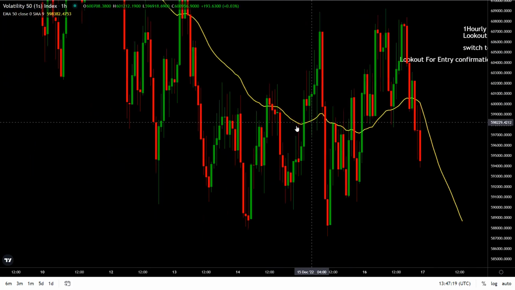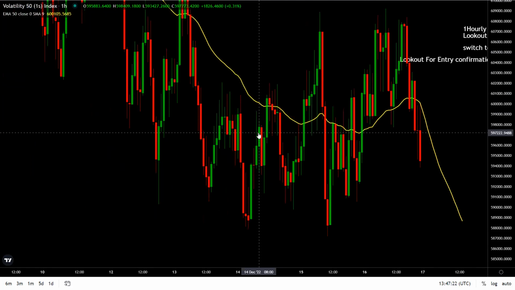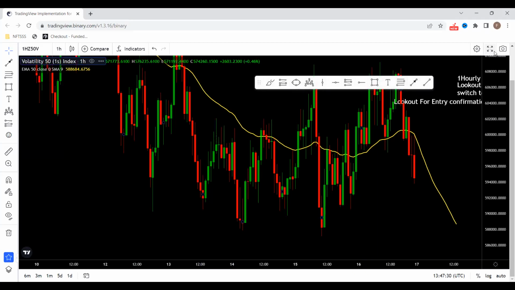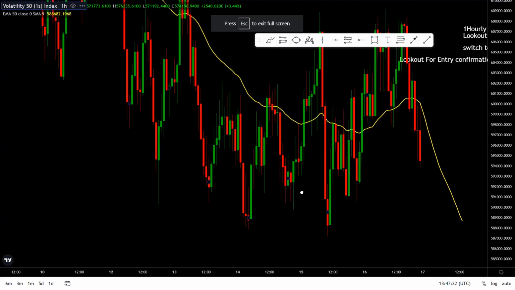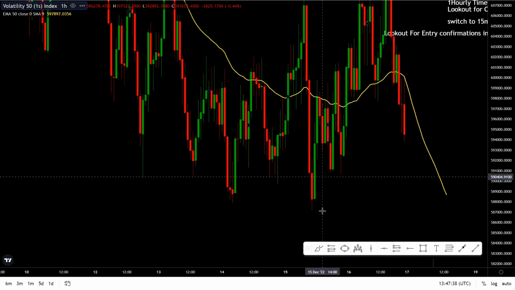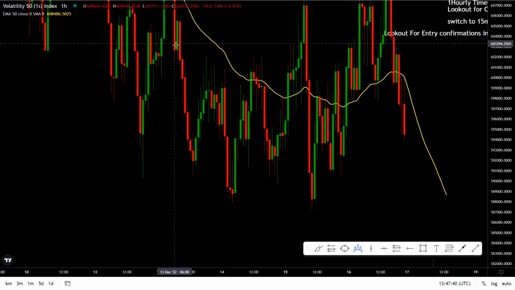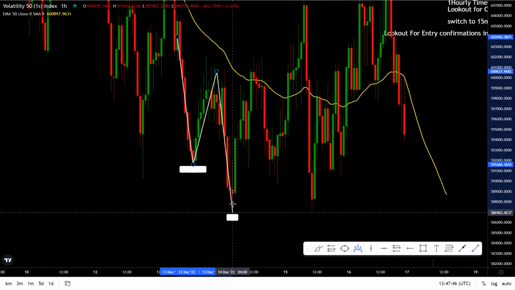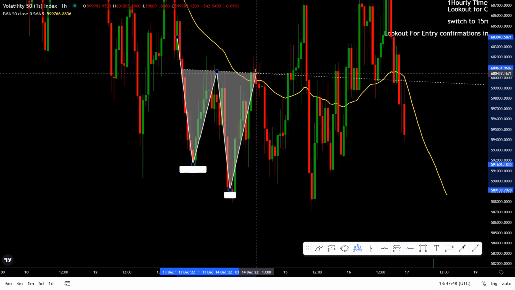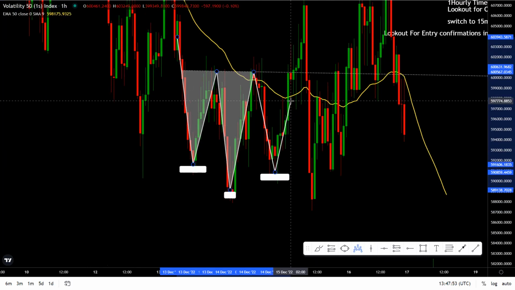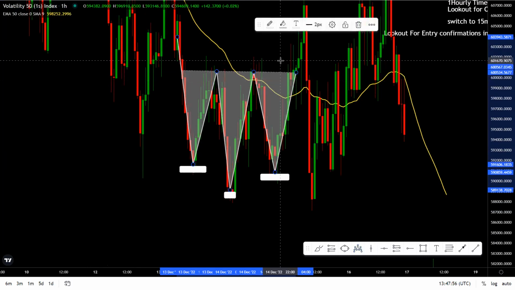So here is a trade I took sometime last week. Clearly I had identified the inverse head and shoulder pattern with the potential right shoulder just forming at the time I got in on the trade.